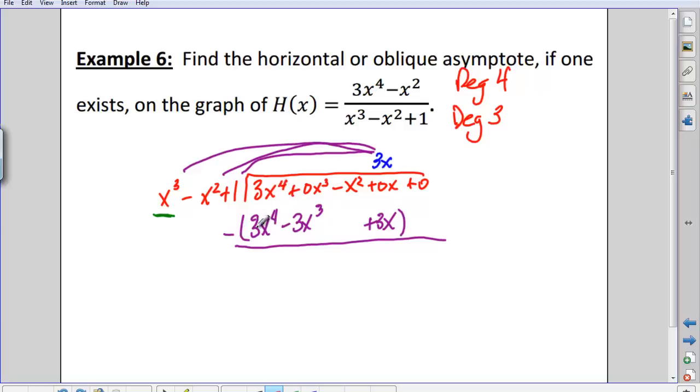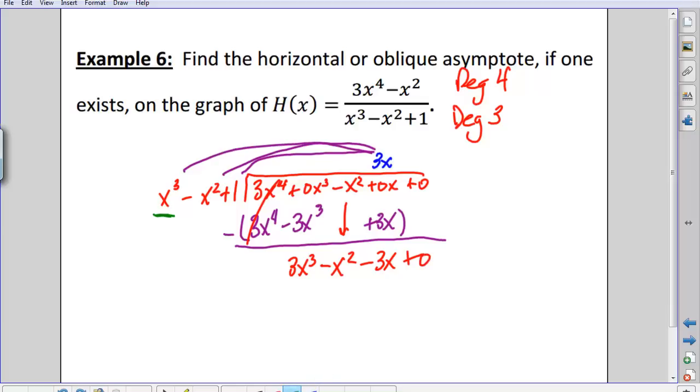So 3x to the 4th minus 3x to the 4th is going to cancel out. 0 minus negative 3 is a positive 3x cubed. You can just bring down the minus x squared. 0 minus 3 is minus 3x. And then just bring down the 0.